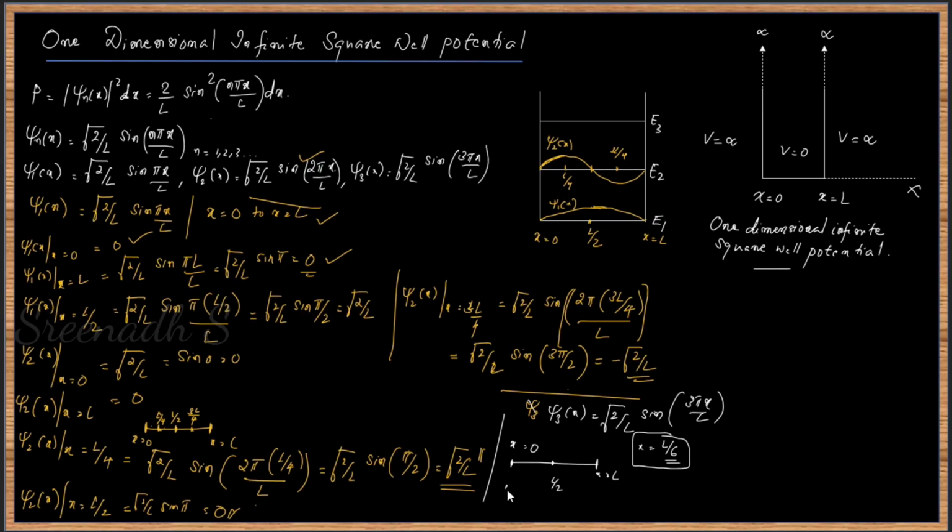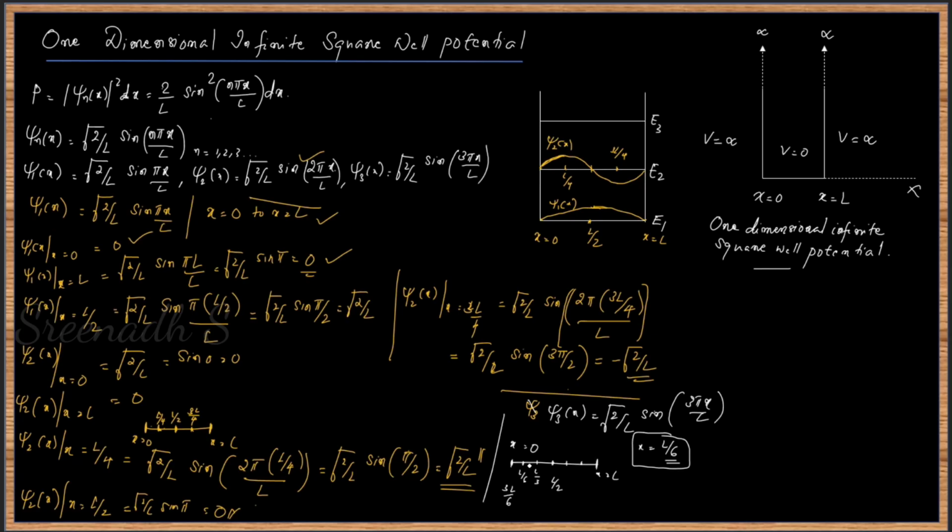Then 2L by 6 is L by 3, and L by 2 again we need to add up. You should do this as homework: for each value of x, we need to find the value.